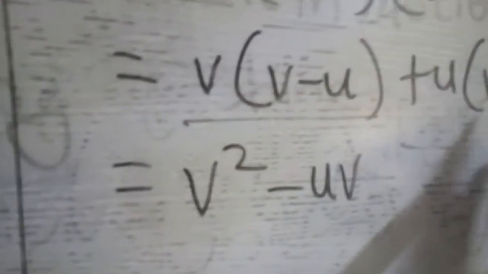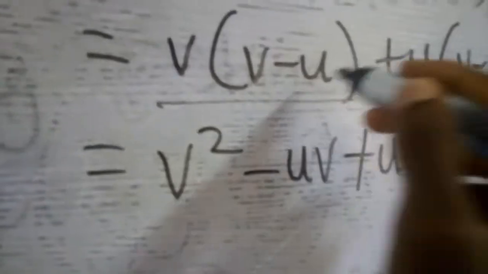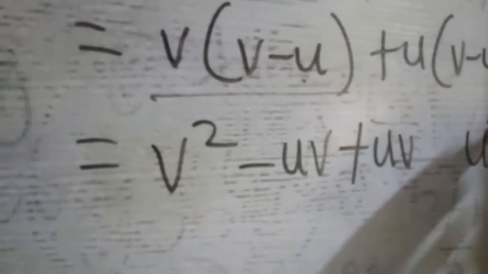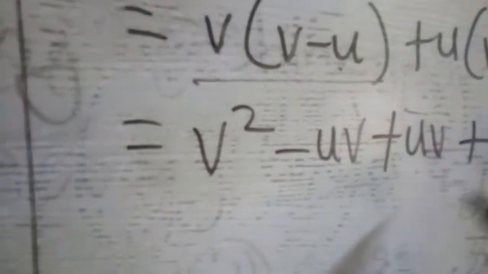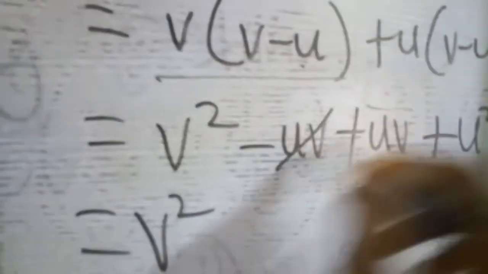Now, expanding each one, v times v is v squared. V times u is uv, which is minus uv. Then u times v is also uv here, which is plus uv. And u times u here is u squared, but minus times minus is already plus. So you can see we have v squared, minus uv plus uv cancel out, then you have plus u squared, plus u squared.